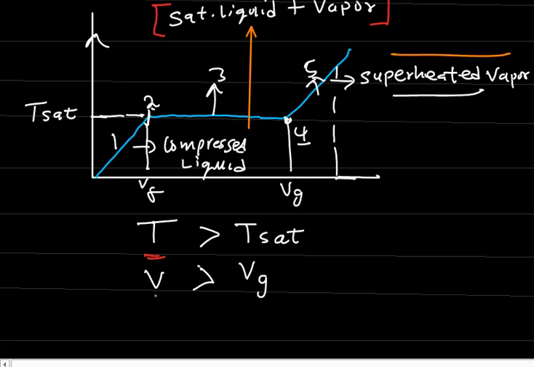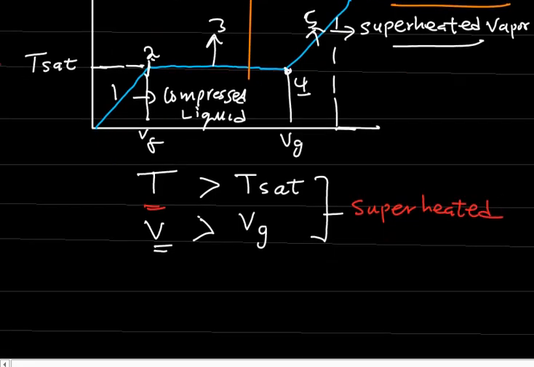Once the volume measured is greater than the volume of saturated vapor, we can conclude that this is superheated. It's not just volume; internal energy also goes a long way. The internal energy is greater than the internal energy of the saturated vapor, and the enthalpy is also greater than the enthalpy of the saturated vapor.